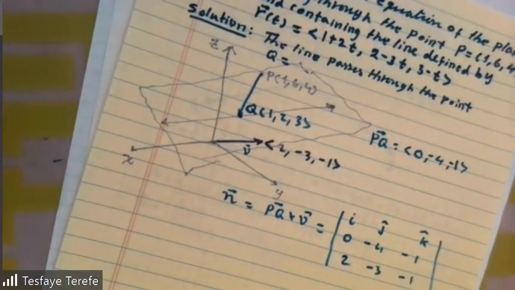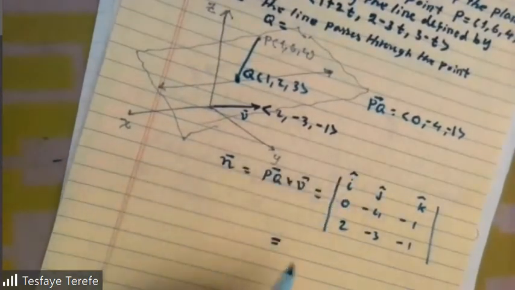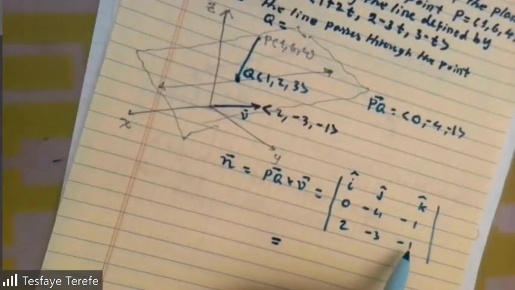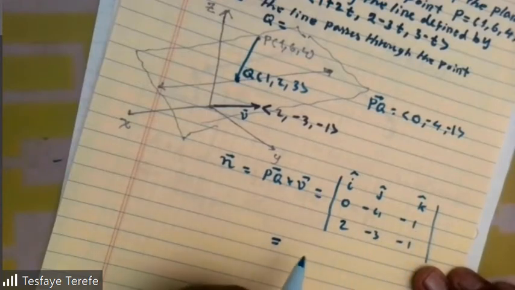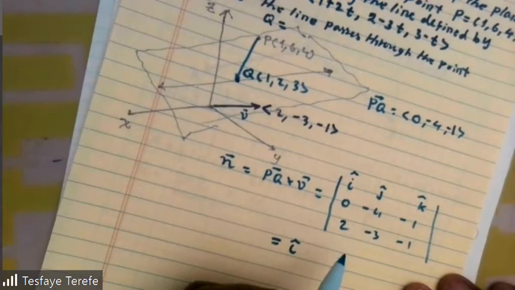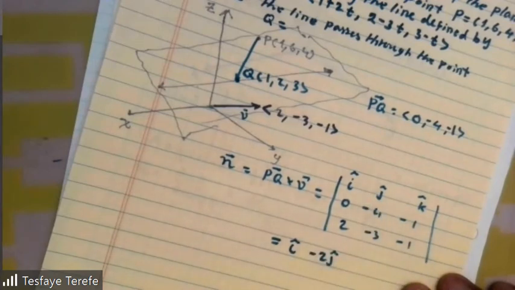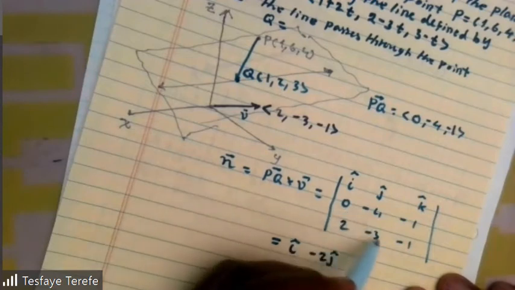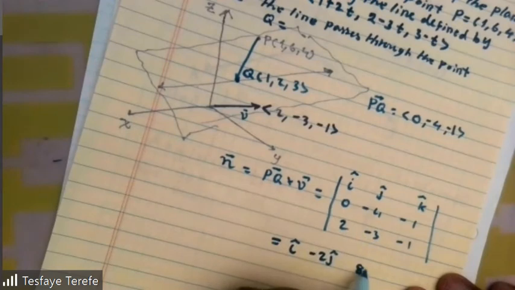That will give me, okay, -4 times -1 is 4, and this is also 3. 4 minus 3 is 1. That is i. And for j, this is 0, and minus -2 is 2. That is 2j. But there is a negative, so negative 2j, because the middle has to be negative. And for k, this is 0, and this is -8, and it will be positive 8k.